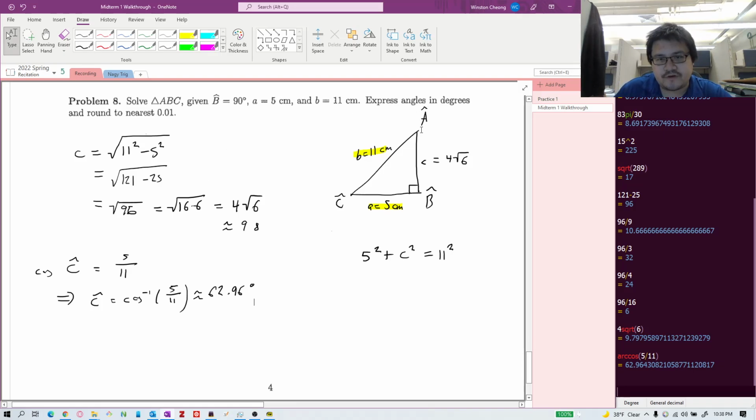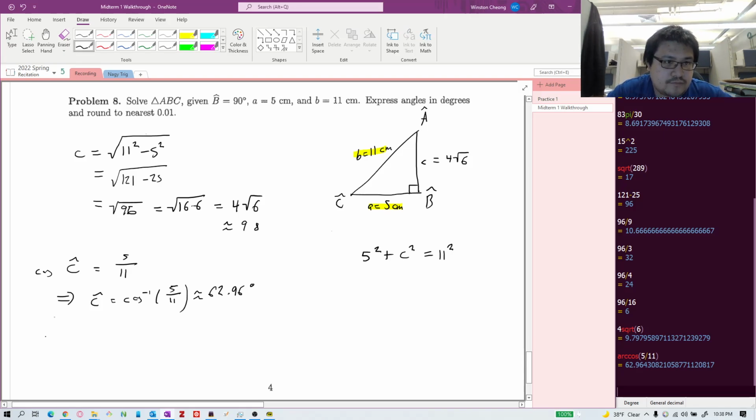All right. And the last thing I need is the angle A. So we want to figure out the angle A in terms of these two given sides. Now from the perspective of angle A, this is still the hypotenuse, but this is now the opposite side. So we have the opposite side and the hypotenuse. That should make you think of sine.